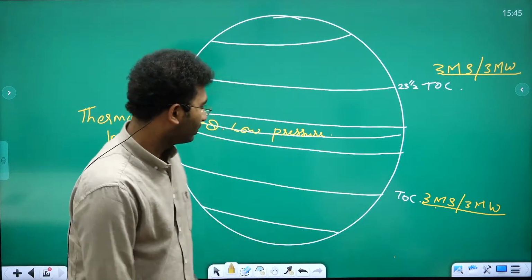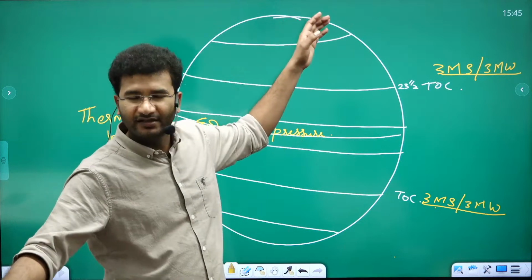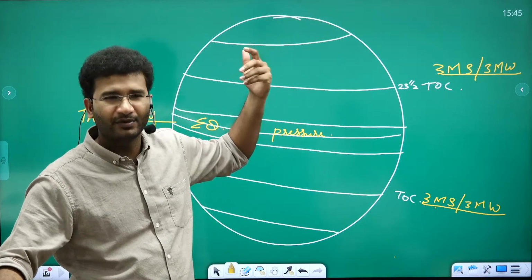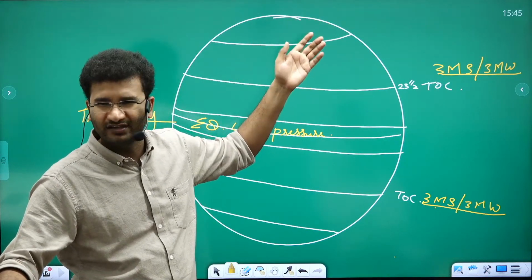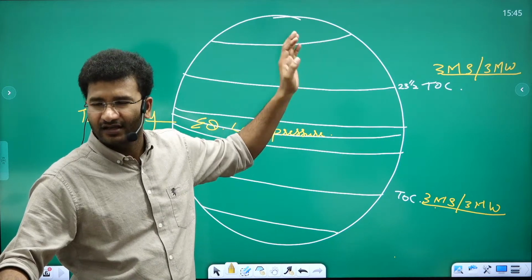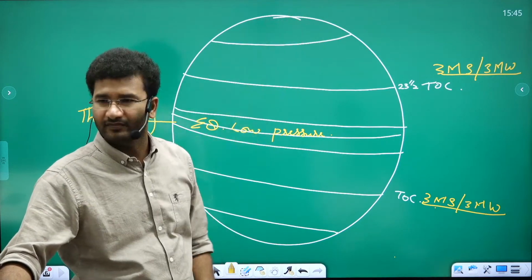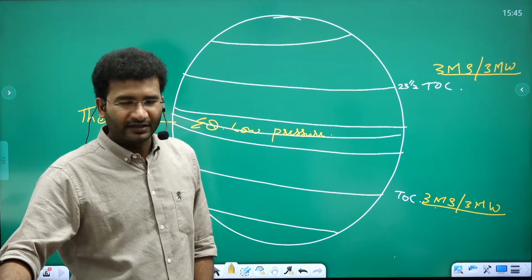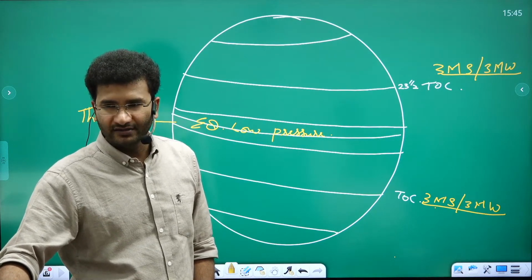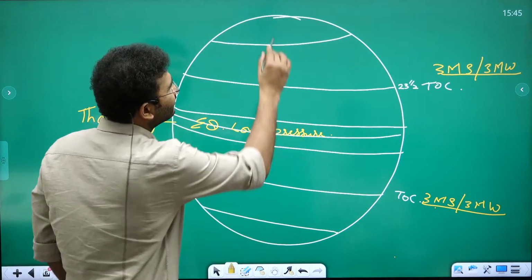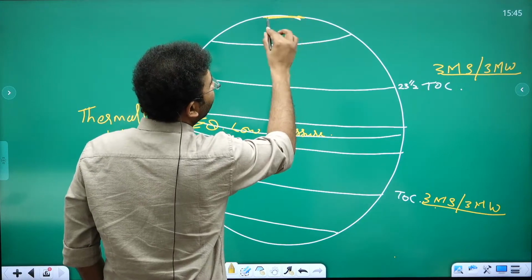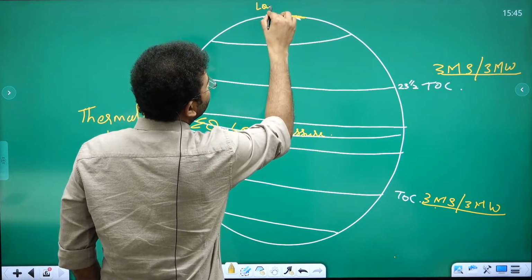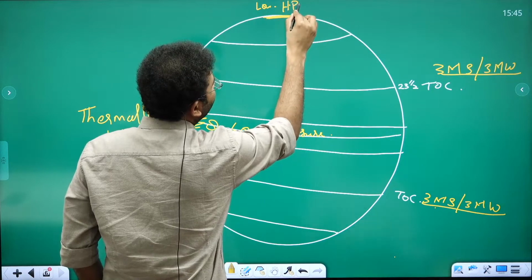In the polar region it is always cold. Be it summer, even in summer the temperatures are almost 2, 3, 1, -5, -10. Even in winter it will go to -30. Right? Temperature is extremely low all throughout the region. So, as this area has low temperatures, it will have high pressure.